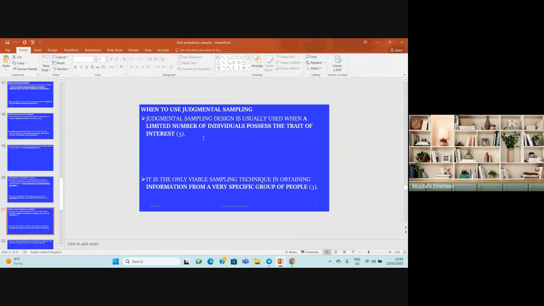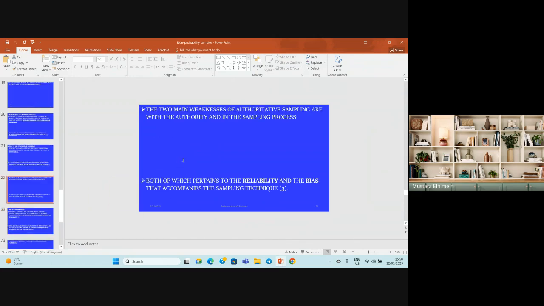It is usually used when a limited number of individuals with expertise possess a trait of interest. It is only a viable sampling technique in obtaining information from a very specific group of people. The two main weaknesses of such sampling are with the authority and the sampling process itself, both of which pertain to the reliability and the bias that accompanies the sampling technique.